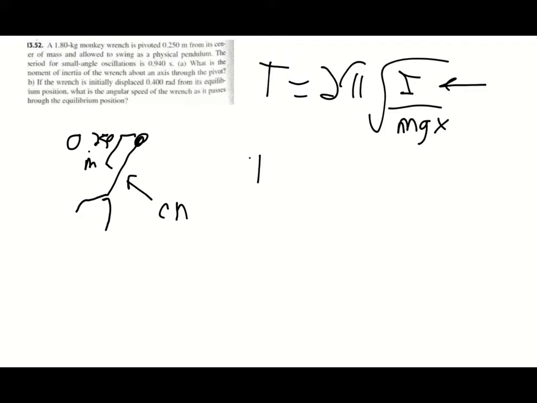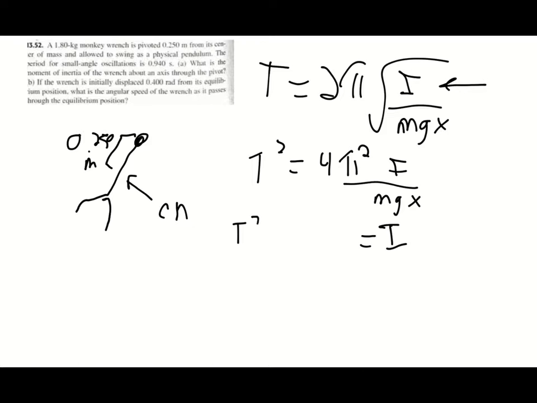I have T squared equals 4 pi squared I over mgx. I'm going to rearrange it just to solve for I. So I is going to be T squared times mgx over 4 pi squared.